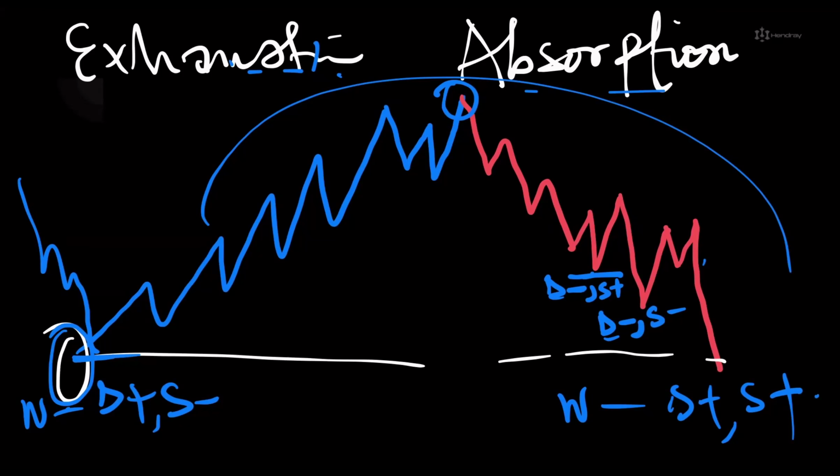Even though full absorption does not start here initially, look at what happened here. S plus from here and S minus from here are diverging. That is the sign that will validate for you if price wants to absorb further up to this high. One of its elements must diverge with this other one.